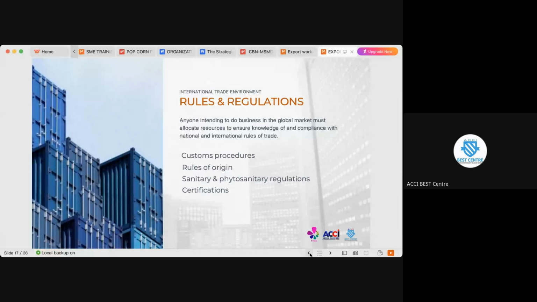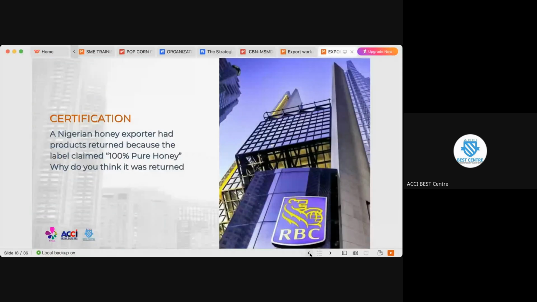By the time the mangoes got to Germany and they did their test as usual, because this is what they are going to consume, they found some traces, which made the deal not go right. So sanitary and phytosanitary regulation is very important. Then your certifications, we cannot emphasize this enough. For those that will come for physical training, if you're having challenges or you don't know how to, we can support in the facilitation of some of these certifications that you might require for your businesses, for your products or services.